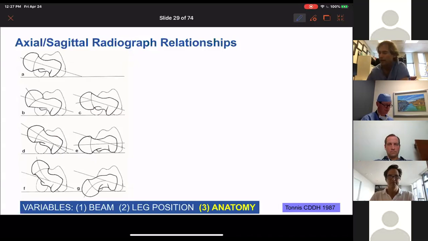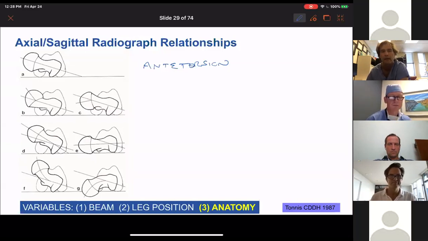So A, what you're seeing in A is normal anteversion of the femoral neck. We consider that to be approximately 10 to 15 degrees, and that is the relationship of the posterior condylar axis and the axis of the neck. That's normal anteversion. In B, what you're seeing is something called anteversion of the neck with normal anteversion.